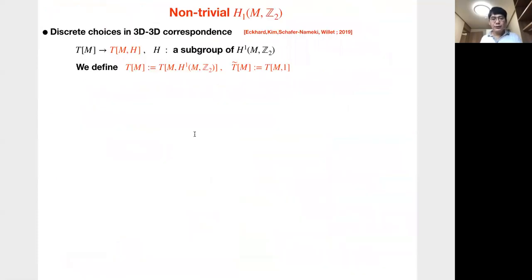And there's also an interesting story for the non-trivial Z2 homology, which is studied by these people in terms of the 3d-3d correspondence. One crucial thing is that in these cases, there is some discrete variant of the 3d theory, and this 3d theory is actually labeled by M as well as a choice of a subgroup H. Different choices of this subgroup are related to each other by one-form symmetry gauging or zero-form symmetry gauging.